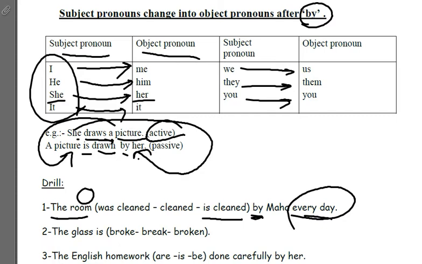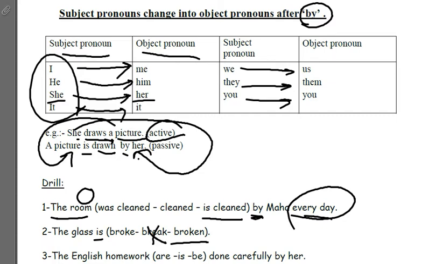Number two, the glass is... okay, if we have break, we cannot, of course, choose it. We have to choose "is" or "are" plus past participle. So it's "is" and the past participle of break, which is broken. Break we cannot choose.